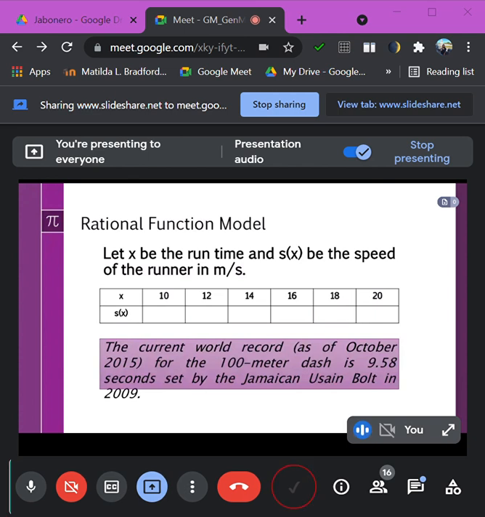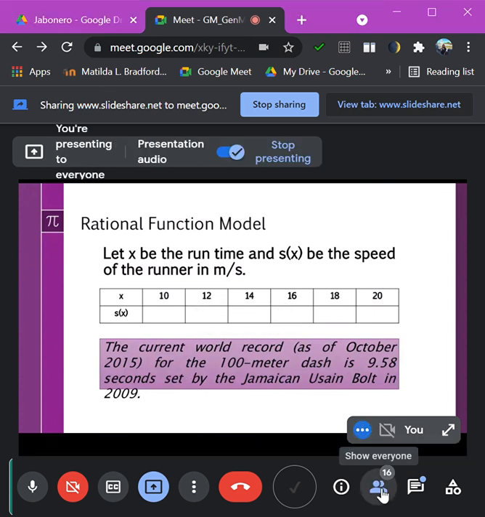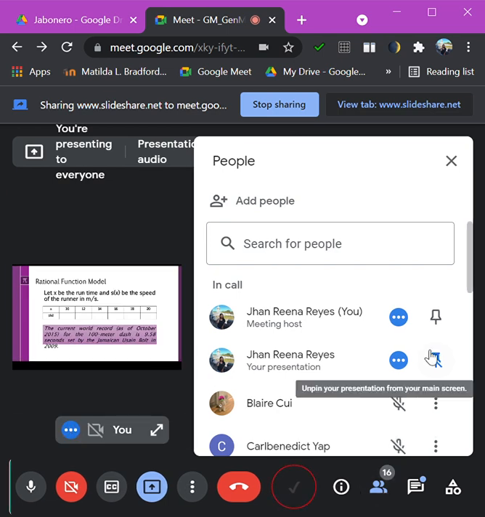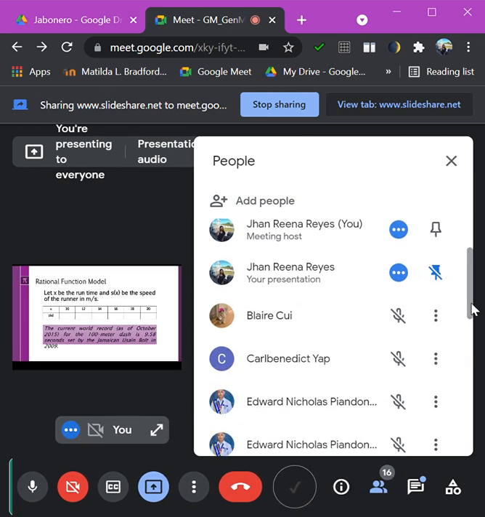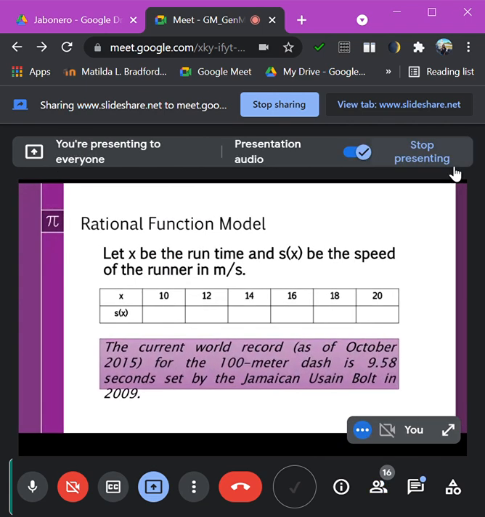How about if we have 12? What is s of x? Let me call someone. Tagaylo. What is s of x if x is 12?